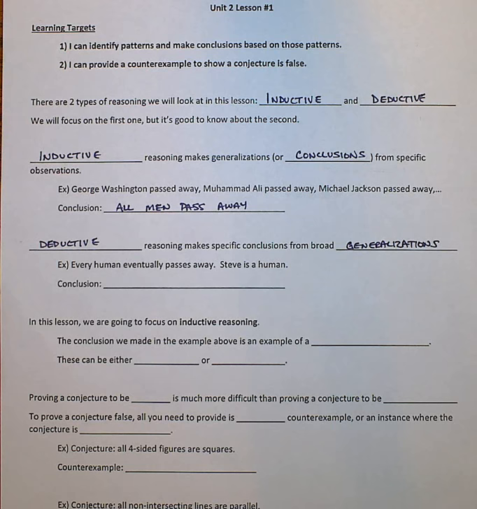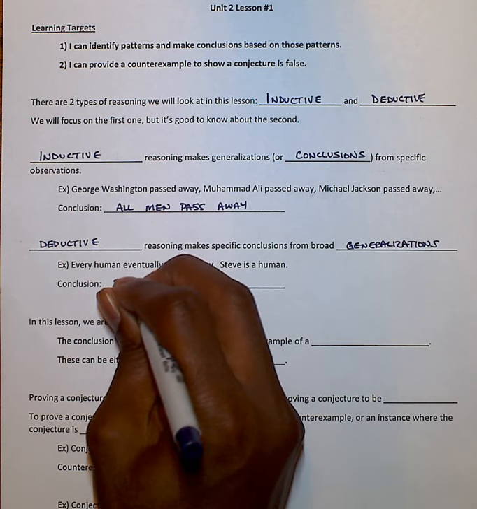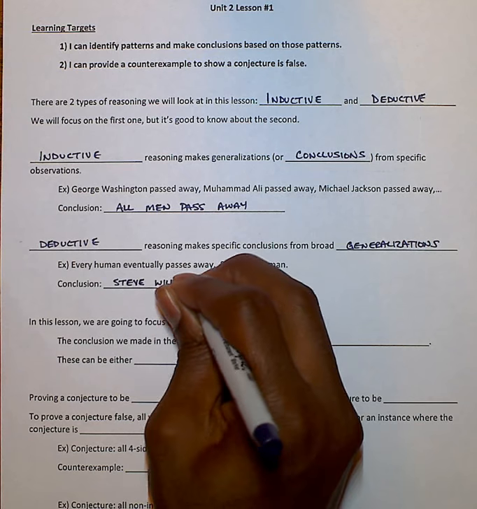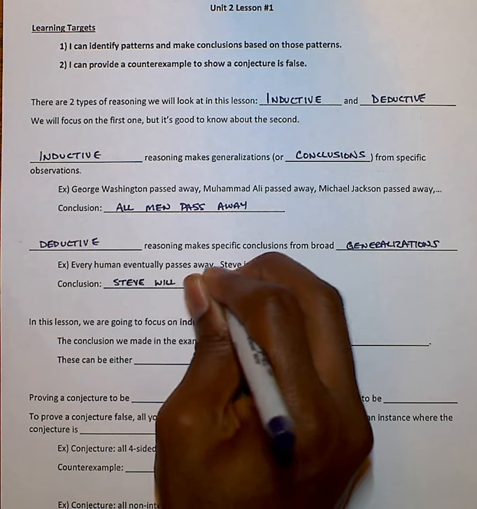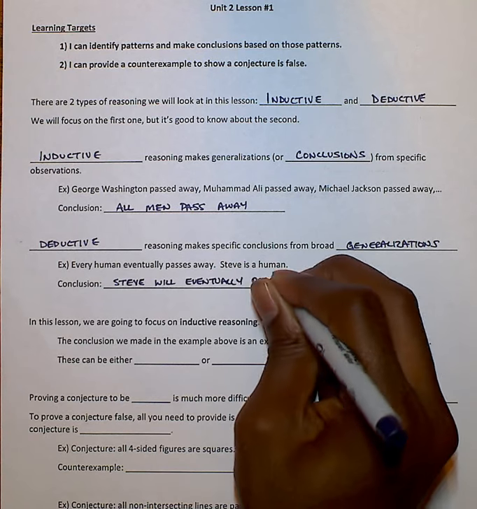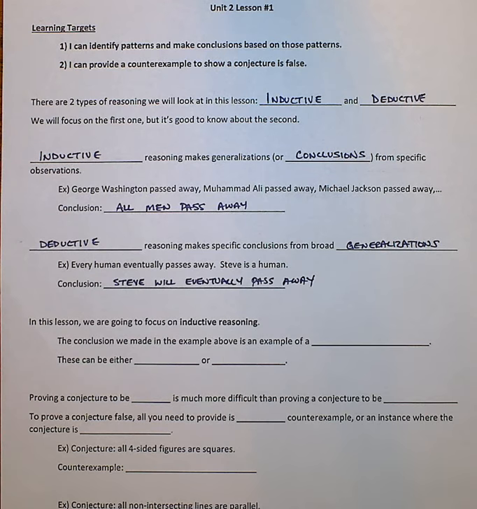Steve is a human. Conclusion: Steve will pass away. Well, let's say eventually pass away. Sounds nicer, right? Okay, so Steve will eventually pass away. In this lesson, we're going to focus on inductive reasoning.